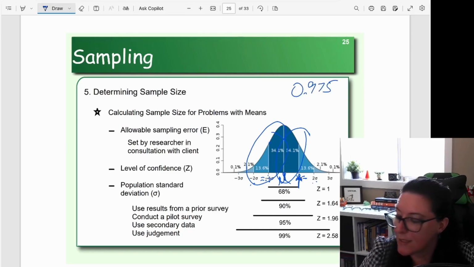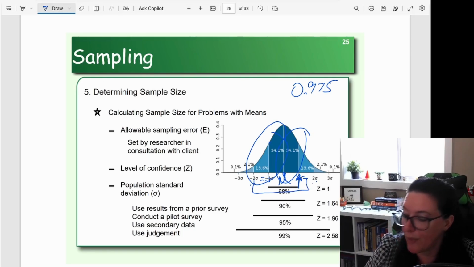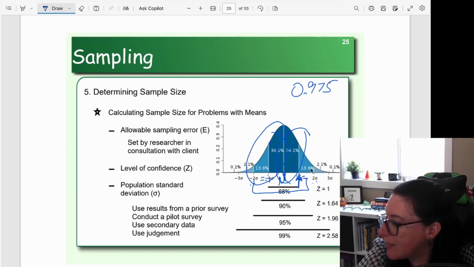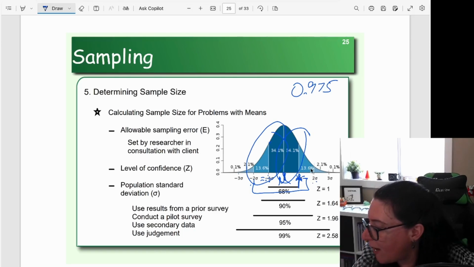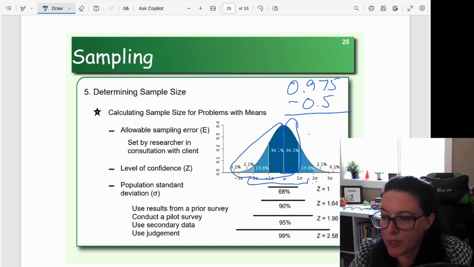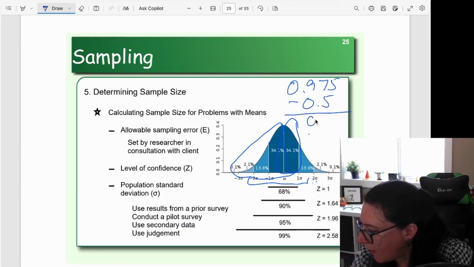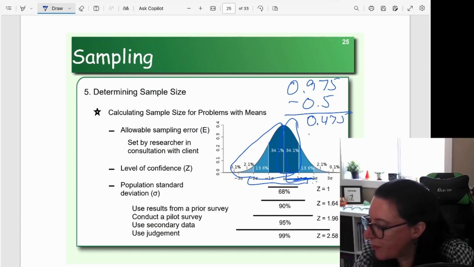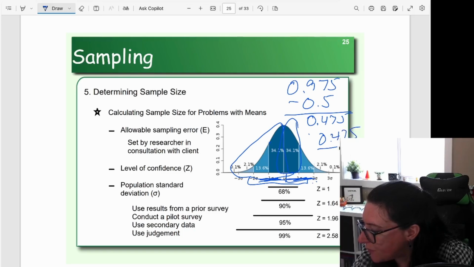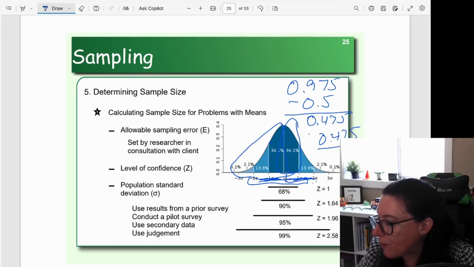When we look at these Z scores, what we care about is the middle, so we need to adjust that to be within our range. We essentially take our 0.975 and subtract 0.5 from that, which gives us 0.475. That would be the portion here. Then if we go the other direction, equal amounts, we add 0.475 to it, and we get 95%.